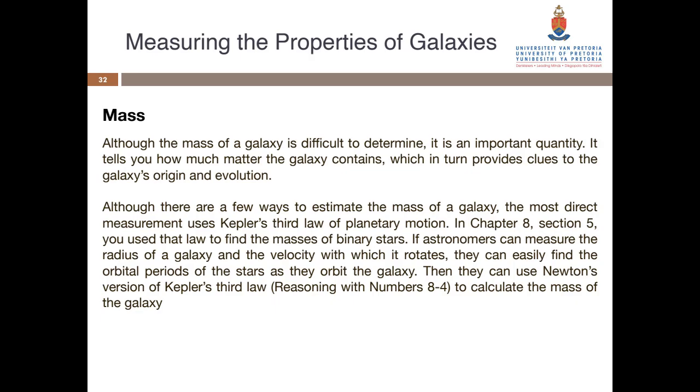You use that law to find the mass of binary stars. So if astronomers can measure the radius of a galaxy and the velocity with which it rotates, they can easily find the orbital periods of the stars as they orbit the galaxy. And then they can use Newton's version of Kepler's third law to calculate the mass of the galaxy.